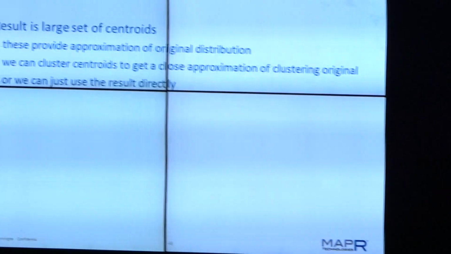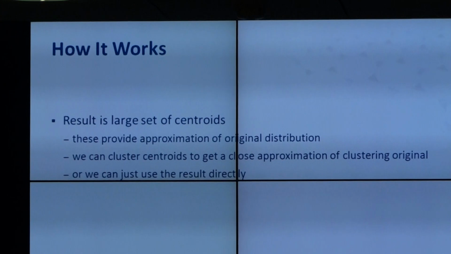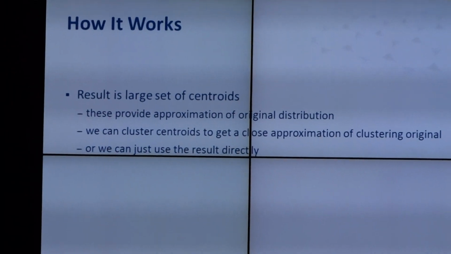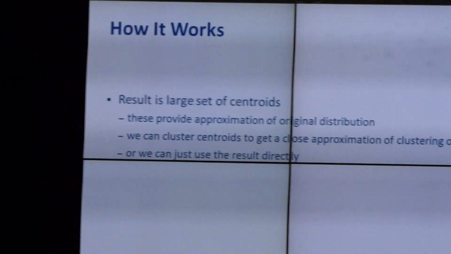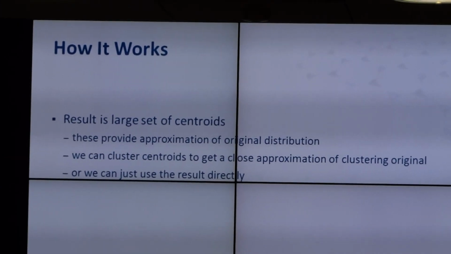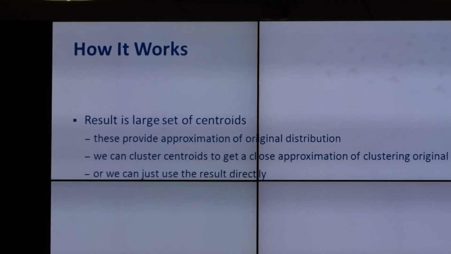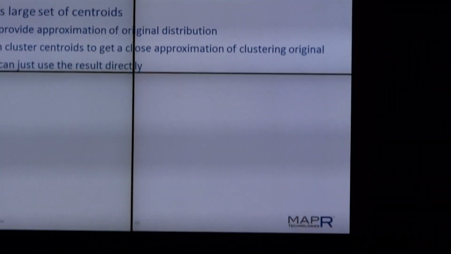The references are in the code. But it is a beautiful algorithm in that sense. So we get those large number of centroids out, k log n centroids out. Those provide the approximation. We can cluster those, or we can use the results directly. I mean, it's not a bad clustering, even as it stands. It doesn't have the proper bounds against the real thing, but it isn't bad.